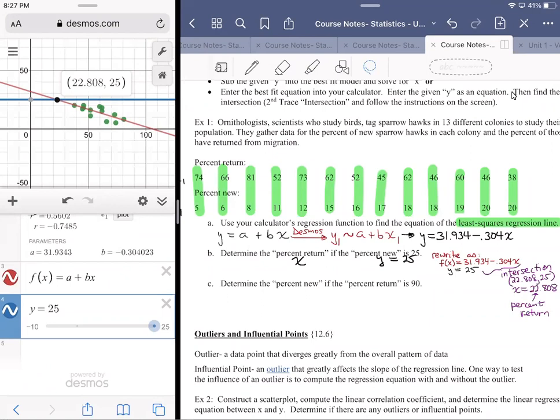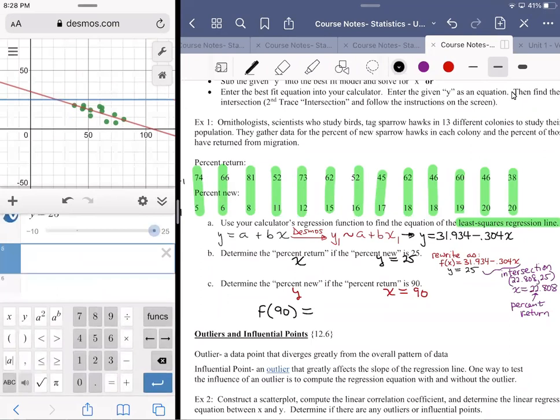Yeah, because the next question, determine the percent new, so the y value when x is 90. That's even easier with Desmos because you're just evaluating your function when x is 90. You're finding f of 90. And the good thing about Desmos is it understands function notation.